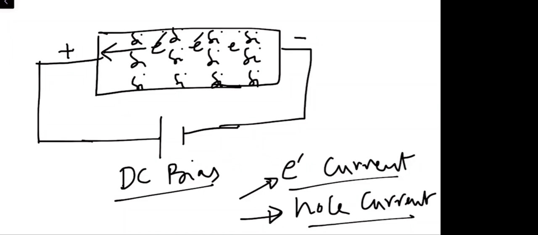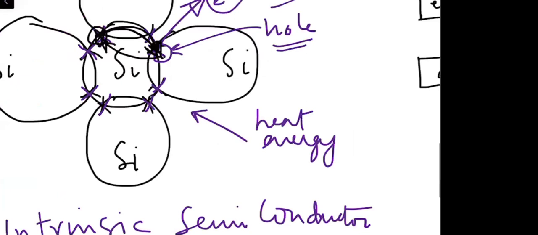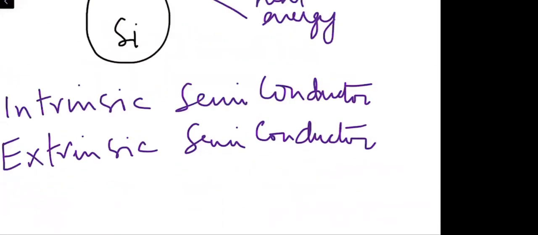Now, let's suppose we add an impurity. The extrinsic semiconductor is basically a semiconductor in which some other impurity is added.